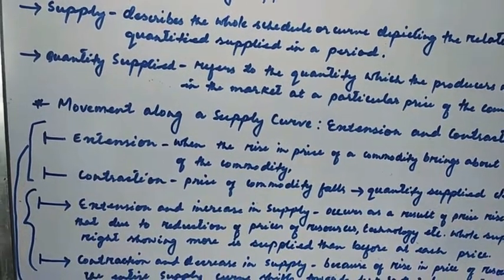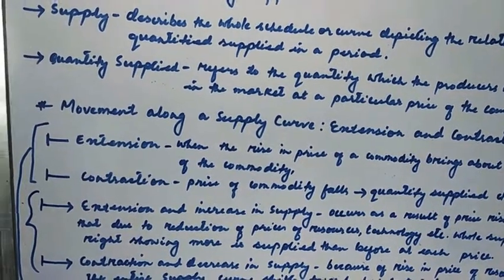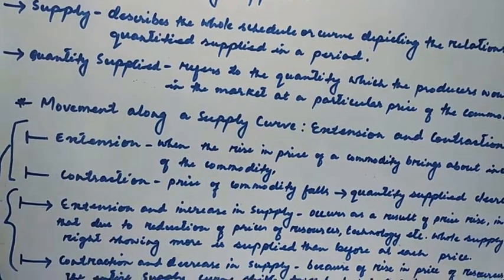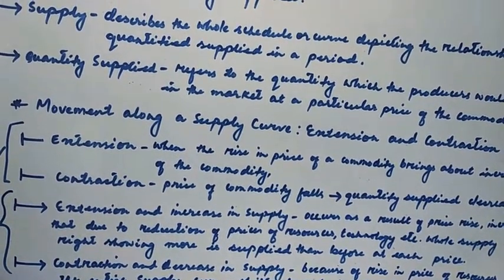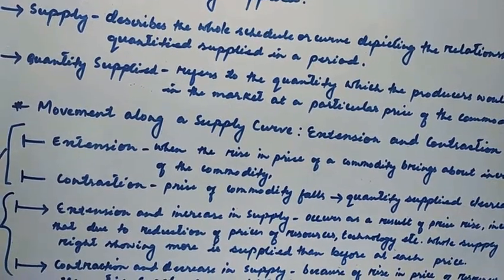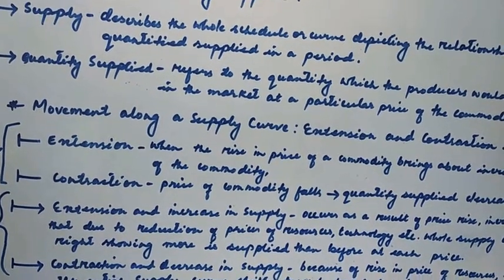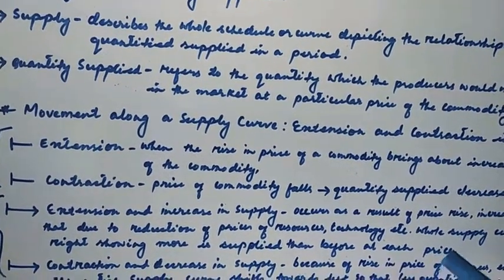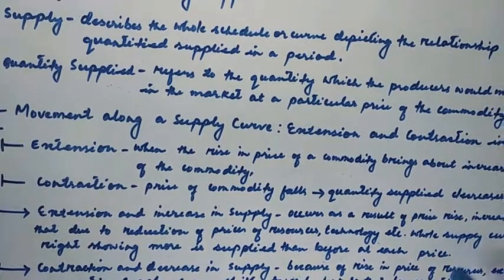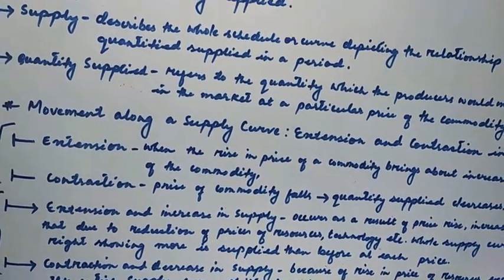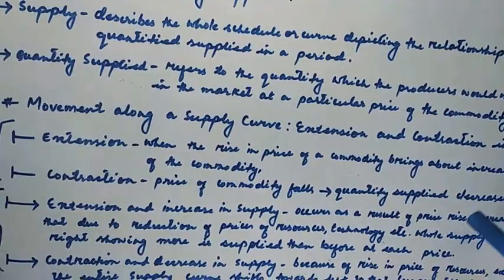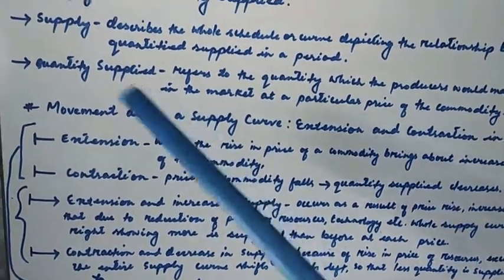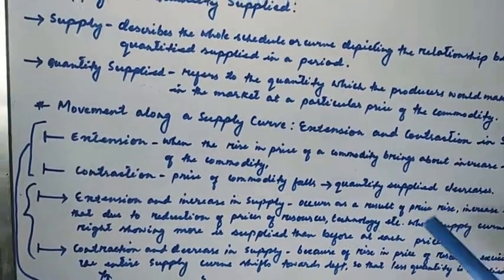Change in quantity supplied of a commodity occurs in response to the change in its price. At higher prices, more quantity is supplied, and vice versa. When the price is low, less quantity is supplied. After knowing that, we shall see movement along a supply curve.